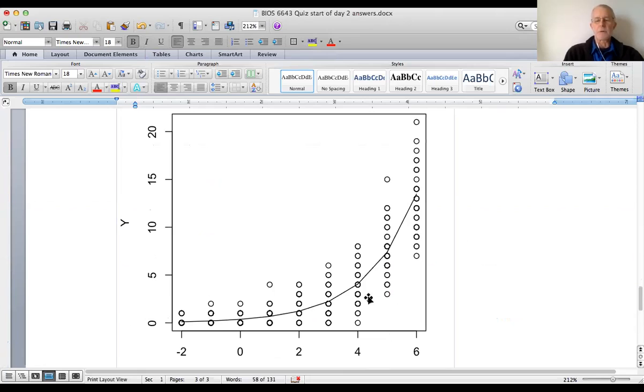See the horizontal stripes are the counts, only at integers. Increasing, it's curved because of the exponential function. And look at the variability here at 6 compared to the variability at 1 or 2 or 0 down here, okay? So all those features are built into the generalized linear model.